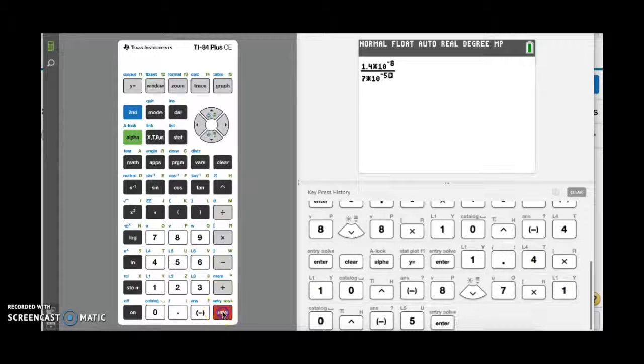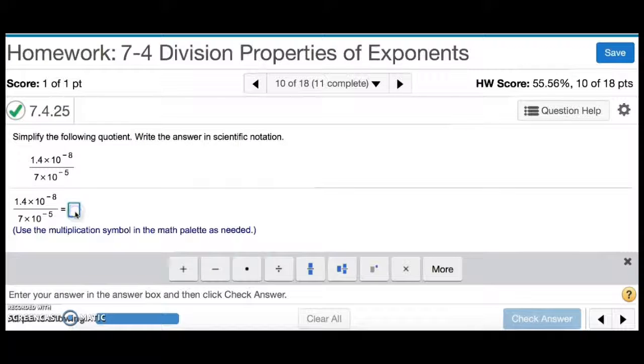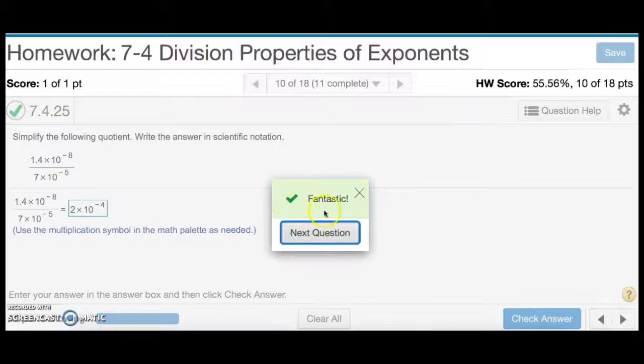And that gives us this, which is the same as saying 2 times 10 to the negative 4 power. So let's type that in. So we have 2 times 10 to the negative 4 power. And that's my answer for number 10.